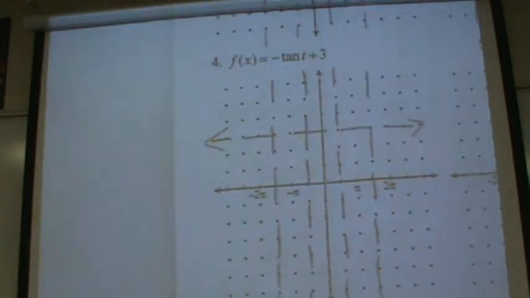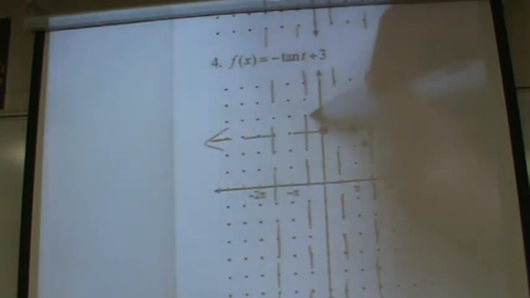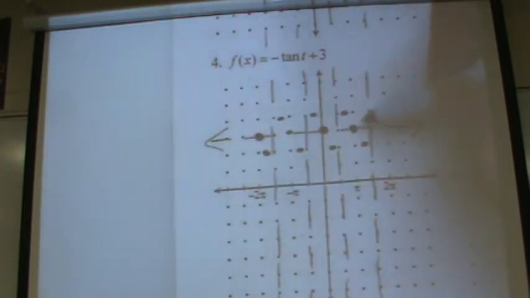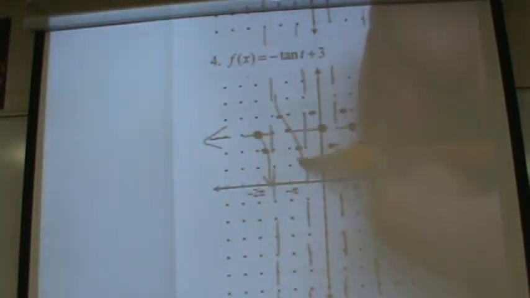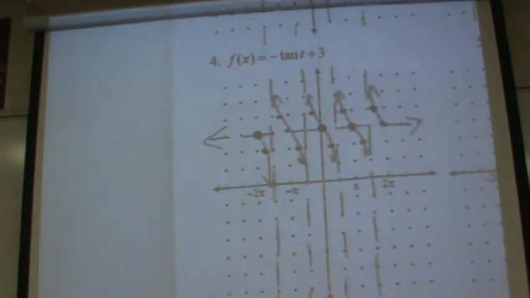And it's a negative tangent, so it's going to look like this. Good?